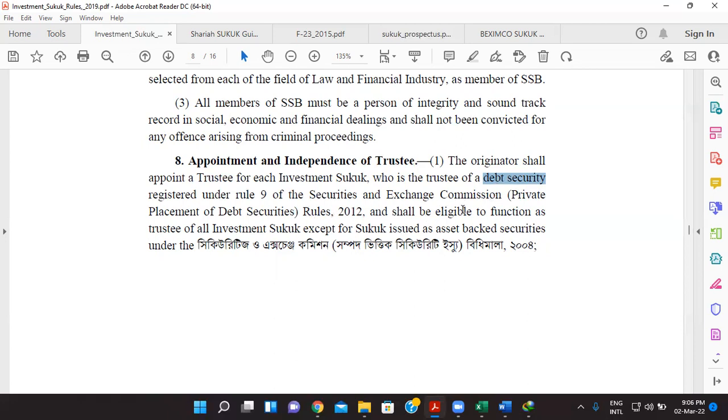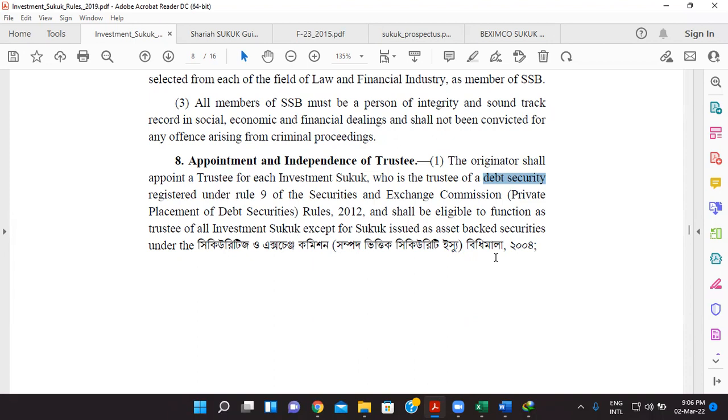Now, the originator will appoint a trustee under the Private Placement of Debt Securities Rule 2012, and that trustee should be eligible to function as trustee of all investment Sukuk except for Sukuk issued as asset-backed securities under the Securities and Exchange Commission Asset-Backed Securities Guidelines 2004.